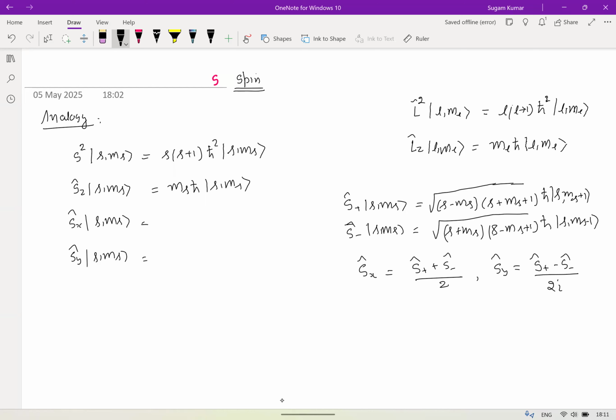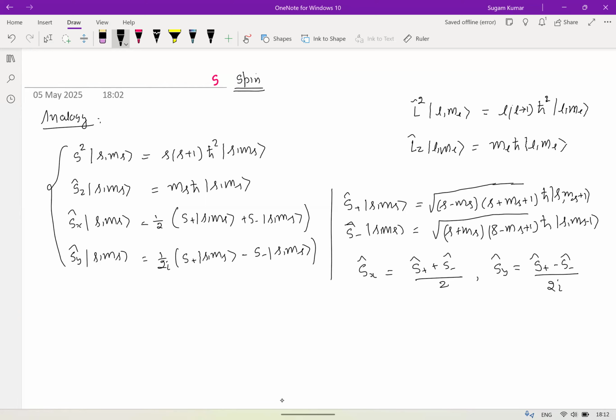So this is going to be simply 1 by 2 times S plus and S negative. And the same way, you can do for the other part as well, with 2i and minus. So you have all these components, and everything is written in analogy from the orbital angular momentum.